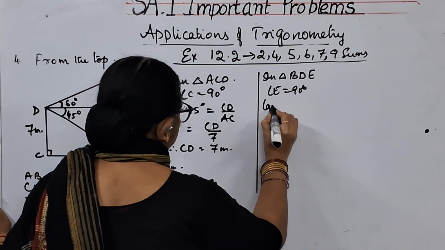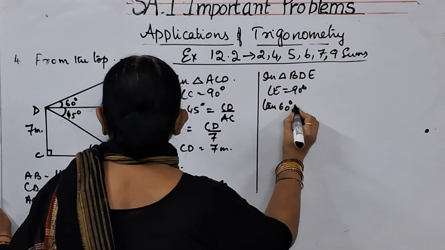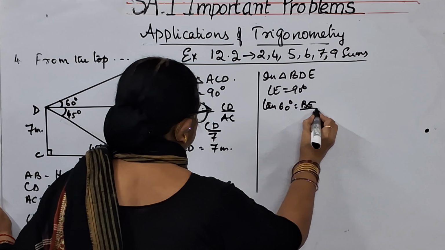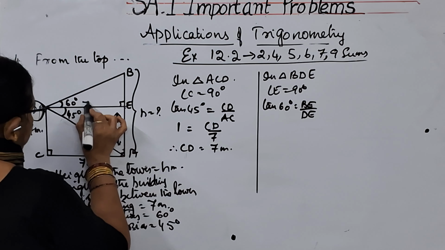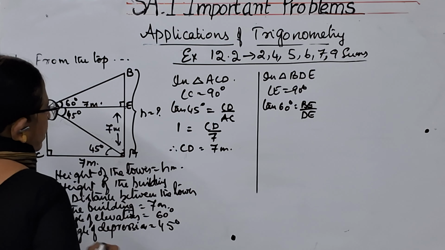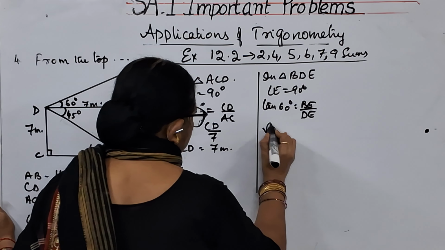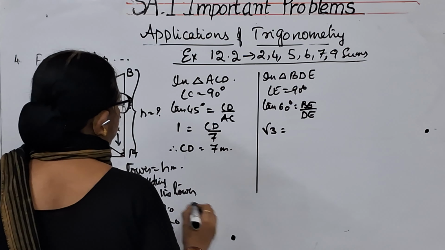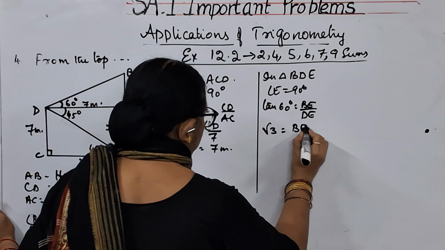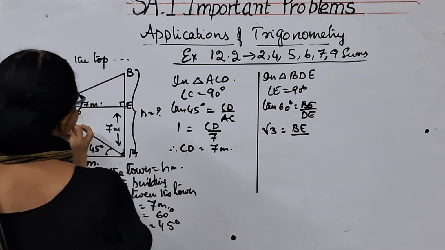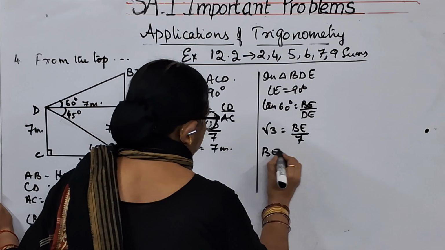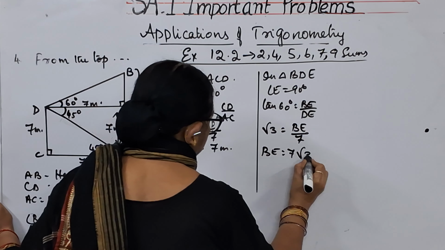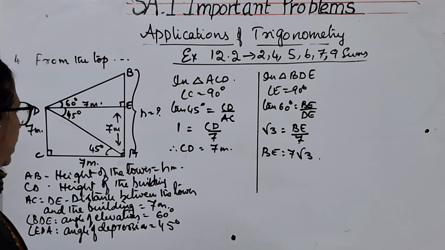So, tan 60 degrees is equal to BE by DE. See, children, if this is 7 meters, this is also 7 meters only. So, tan 60 is root 3 is equal to BE by DE, that is 7. So, DE is equal to 7 root 3.